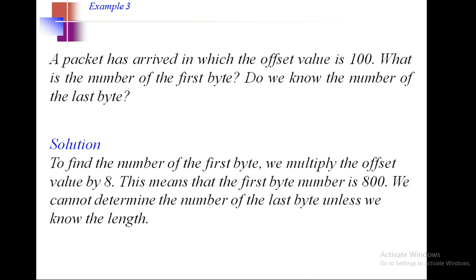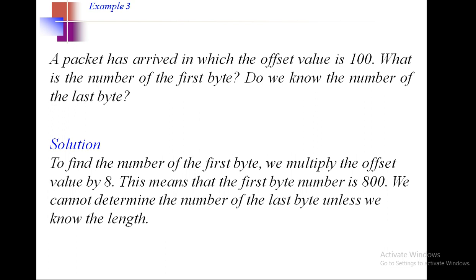Let us see example number 3. A packet has arrived with offset value 100, that is 10000, binary obviously. What is the number of the first byte, and do we know the number of the last byte? To find the number of the first byte, we have to multiply it by 8, right? So offset is 100, it has to be multiplied by 8, and the first byte number is 800.